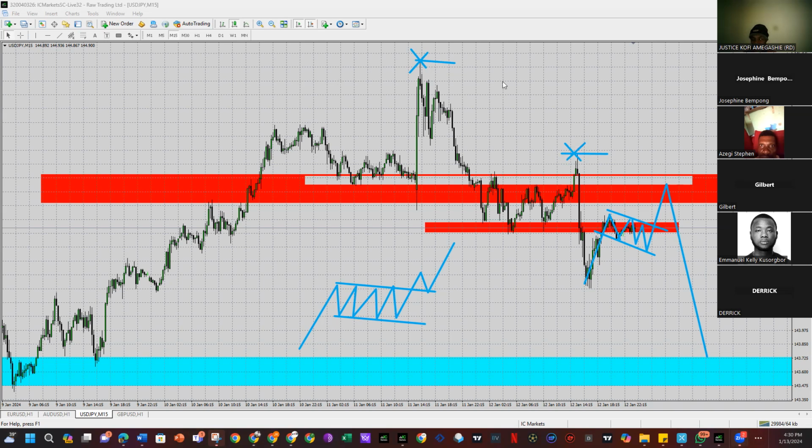When I say violated, it means that a full candle crosses here with its body, not the tail. When a full candle crosses here, beyond the wicks, then you can say that the trade has been violated, so your sell is invalid.